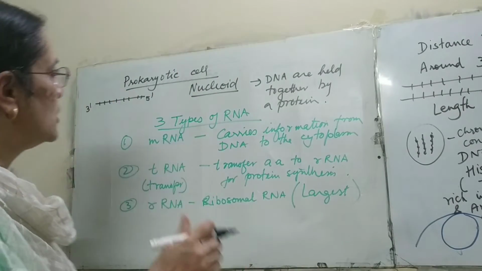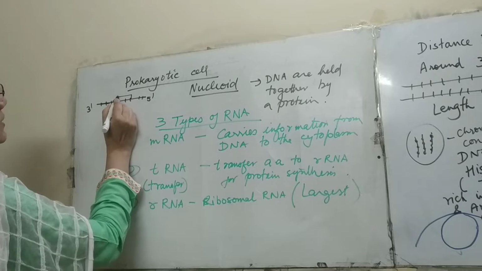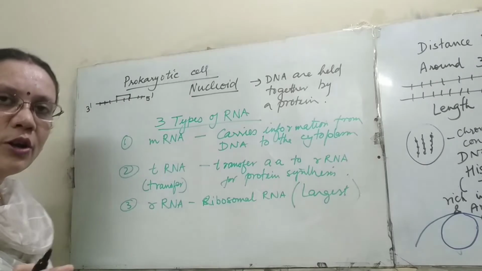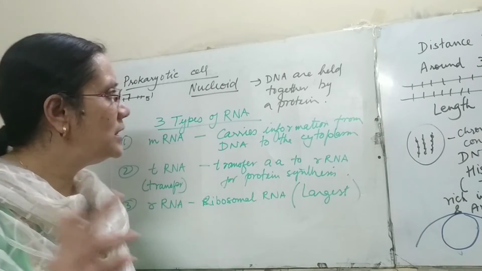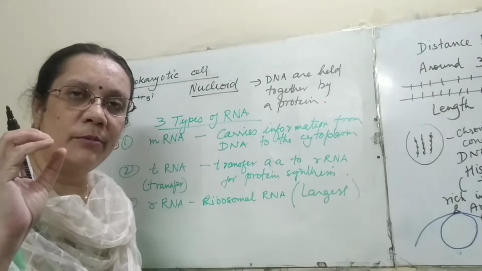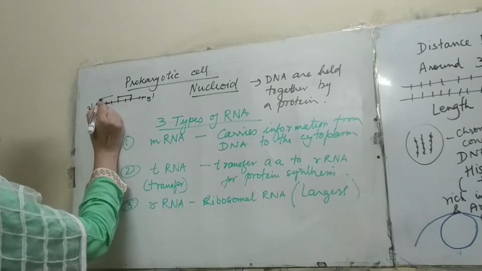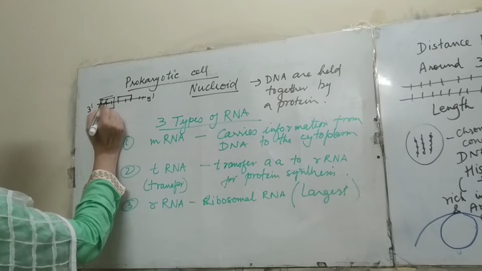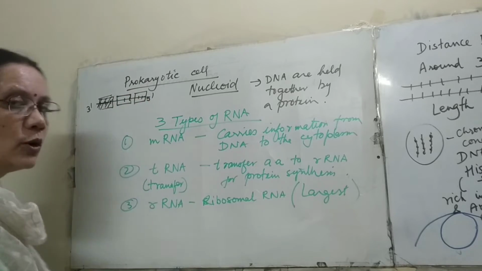Now there are some regions which do not code. Maybe these three nucleotides are not coding any amino acid. So suppose this is the coding part and this is the non-coding part, and again there is another coding part.